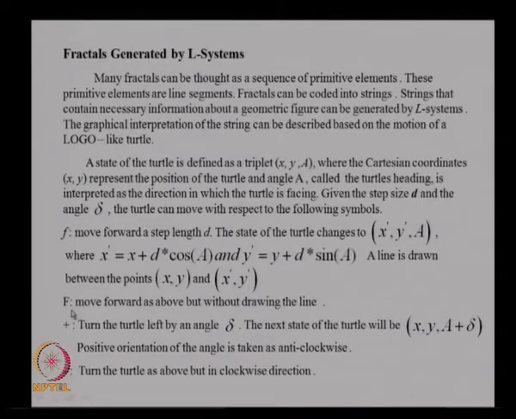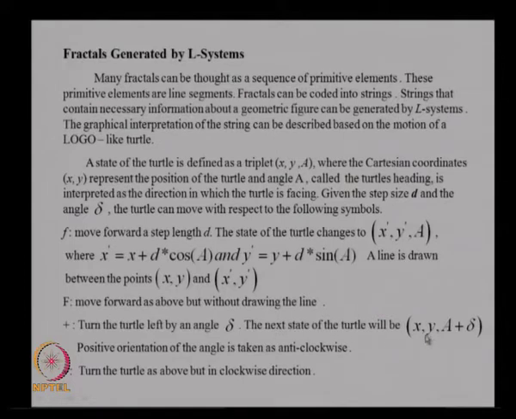Suppose you denote capital F, it may represent the command to move the cursor forward as above by drawing a line. Small f may denote move forward a step length of d without drawing a line. Plus may denote turn the turtle left by angle delta.